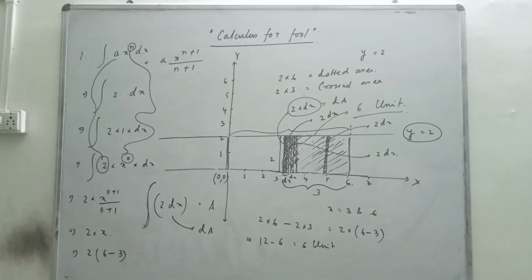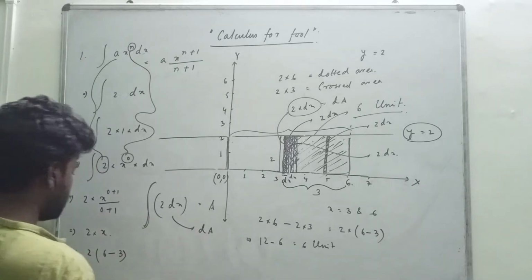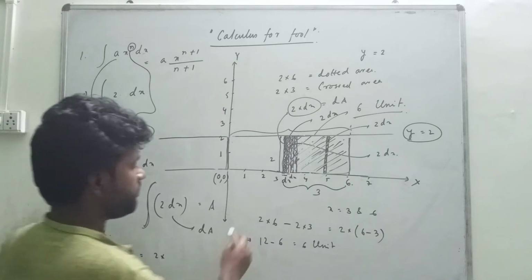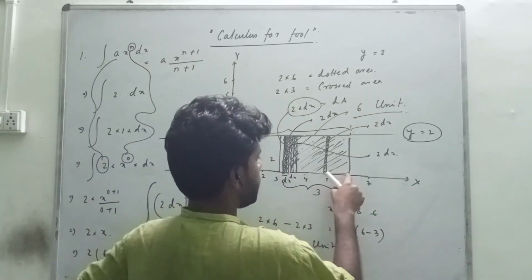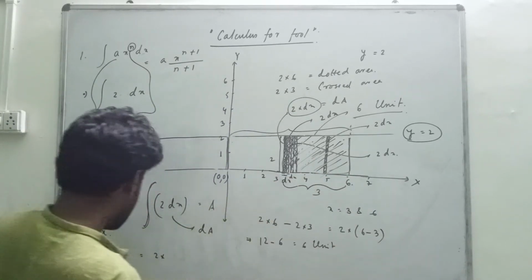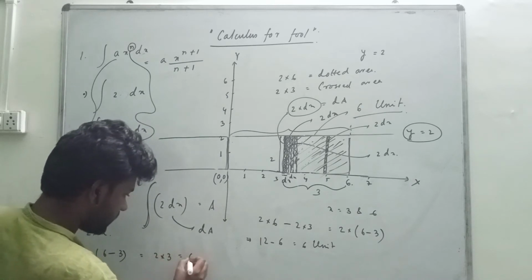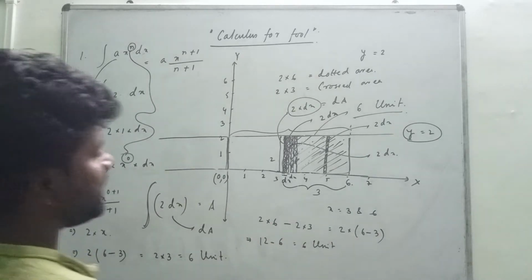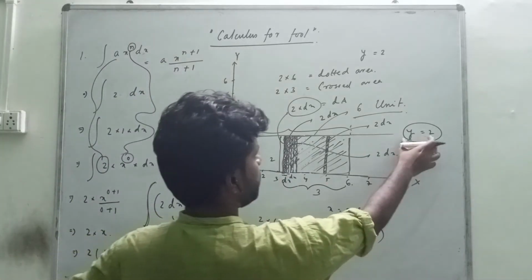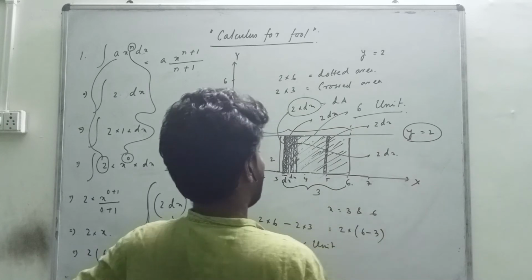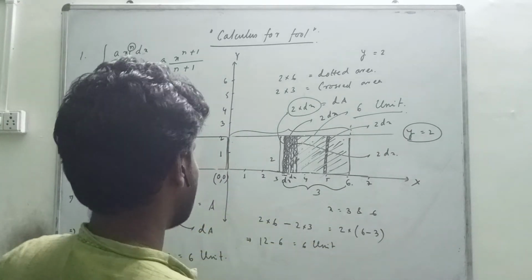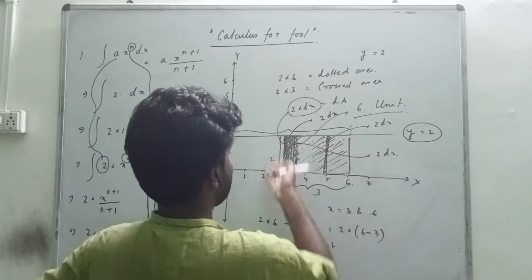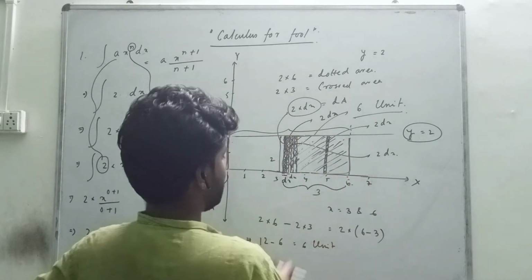Okay, so actually this gives the area under this curve between x equals 3 and 6, right? So it is 2 into 3, that means 6 units. It is a very simple graph actually. Y equals 2 is a straight line, and this is a rectangle, just height into length.